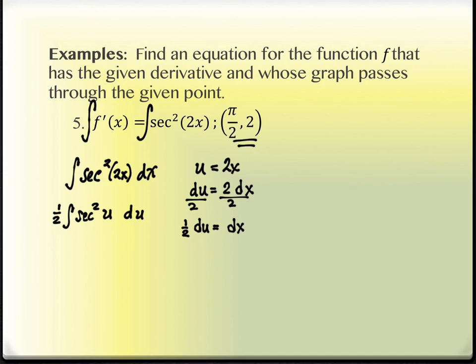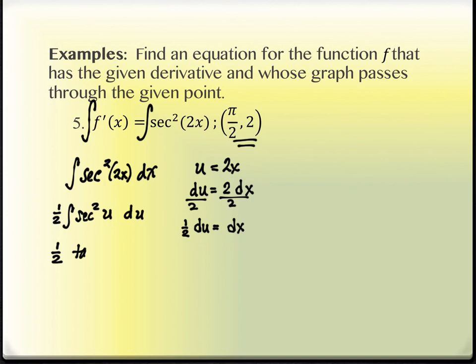You know the antiderivative of secant squared of u. What is it? Maybe you don't. Is it secant times tangent? Nope. Wait. Oh, it's tangent squared. Close. Or just tangent?